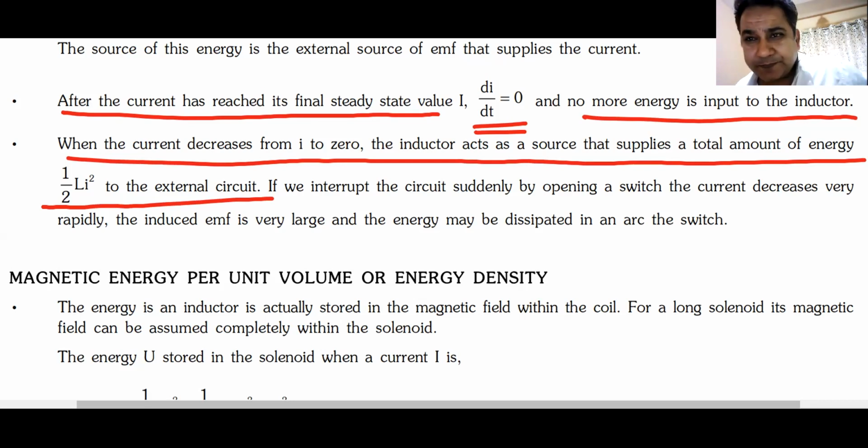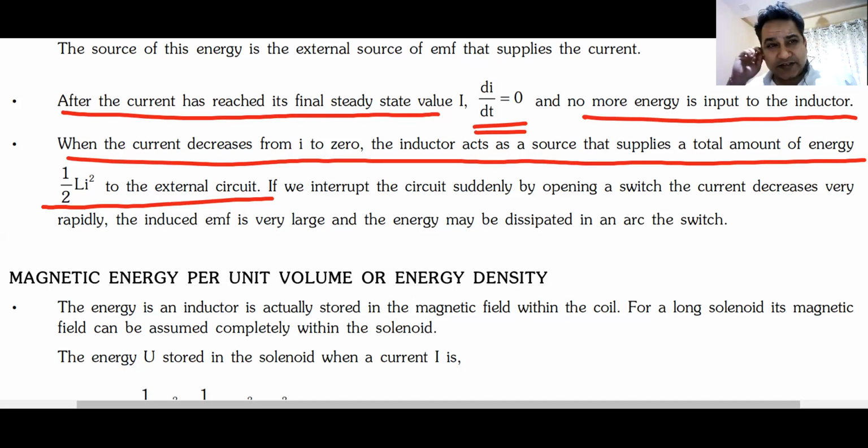So basically, whenever in a circuit there is an inductor, three things will happen. When you switch on the circuit, current in the circuit will increase from zero to maximum. Then the current will be steady. We are talking about DC current and not AC here. Current will first increase from zero to maximum, then it will remain constant, and when you switch the circuit off, current will decrease.